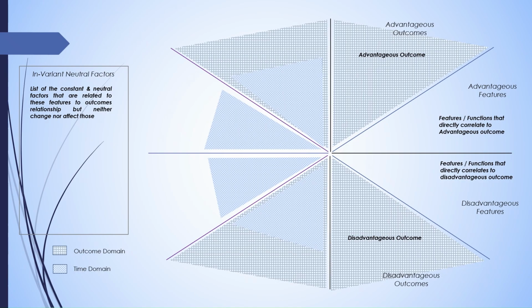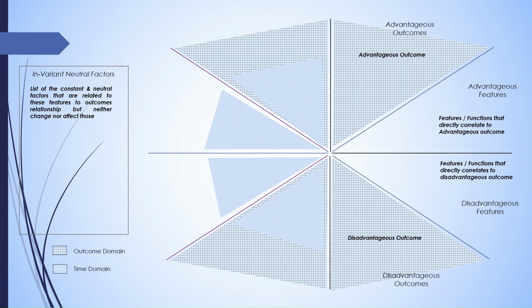These are used when either features or outcomes evolve over time. So the framework helps you see not just what exists, but also what changes and how those changes matter. In addition, there is a space to explicitly recognize what remains constant and neutral, things that don't change and don't tilt the situation positively or negatively, but still define the boundary conditions of the scenario.